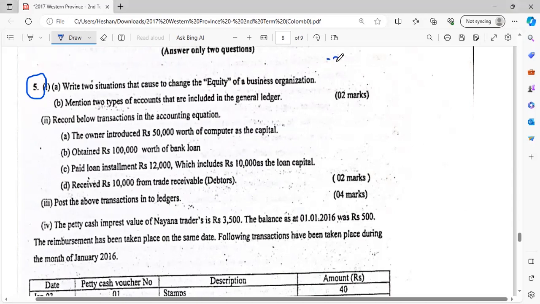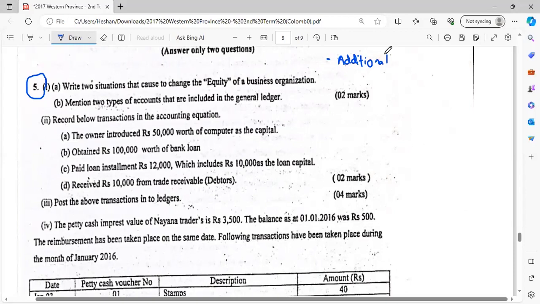Starting from capital or additional capital. Not the capital; the better wording is that change happens because of the additional capital. Additional capital increases the owner's ownership.